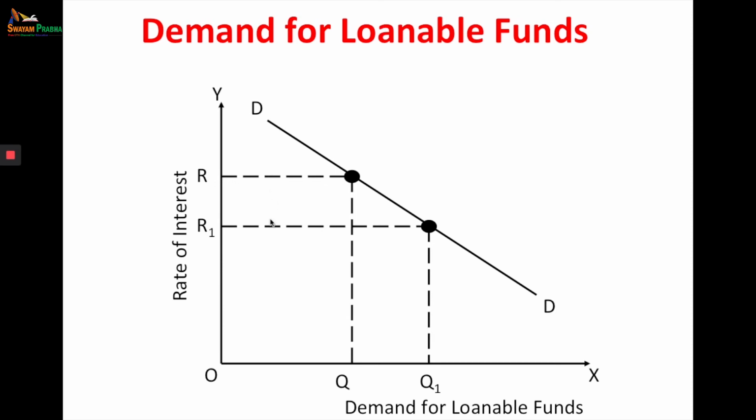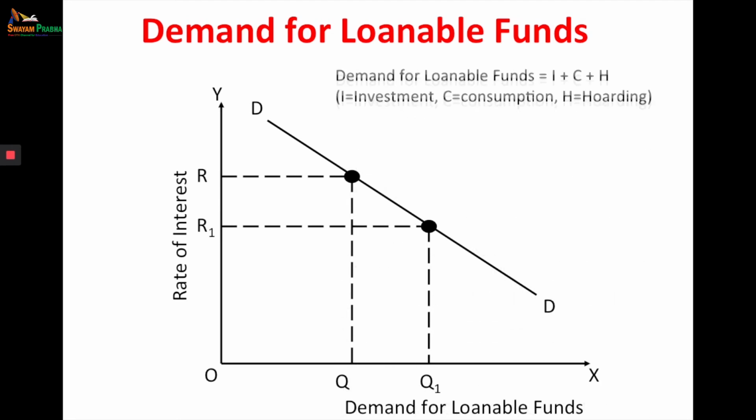It means higher the rate of interest, lower the quantity demanded for loanable funds, and lower the rate of interest, higher will be the demand for loanable funds according to new classical theory, an inverse relationship.